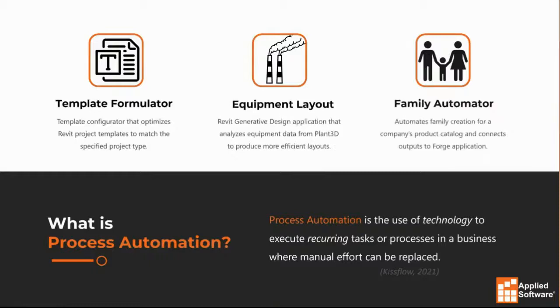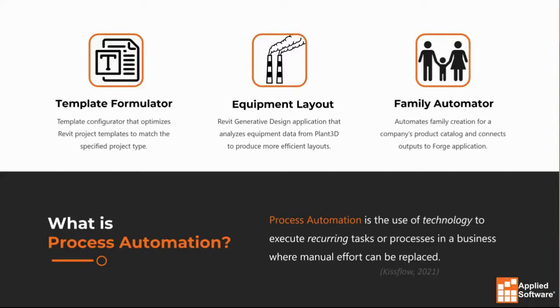So what is process automation? Let's just state this first to make sure that we're on the same page. Process automation is the use of technology to execute recurring tasks or processes in a business. And this is something that I think about in my day-to-day all the time: how can we be more efficient?